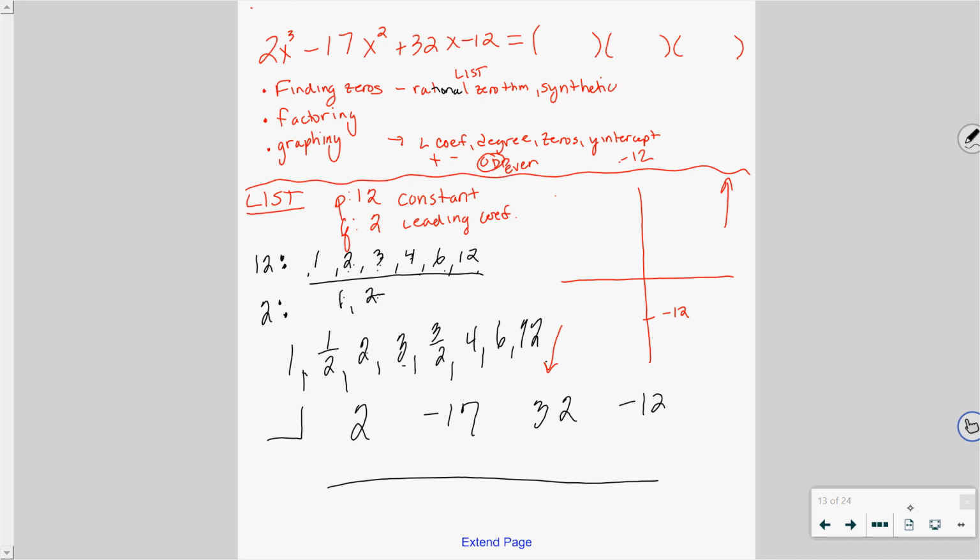6, positive or -6? Did anybody find one work or not work? Did it work or did it not work? I think one of them's supposed to work. I'm almost positive, but I don't remember if it's positive or negative.